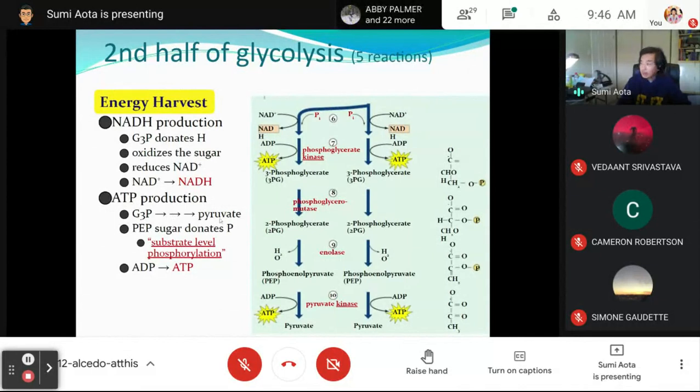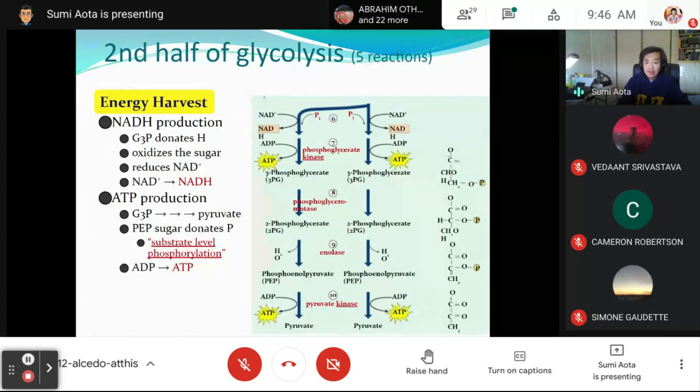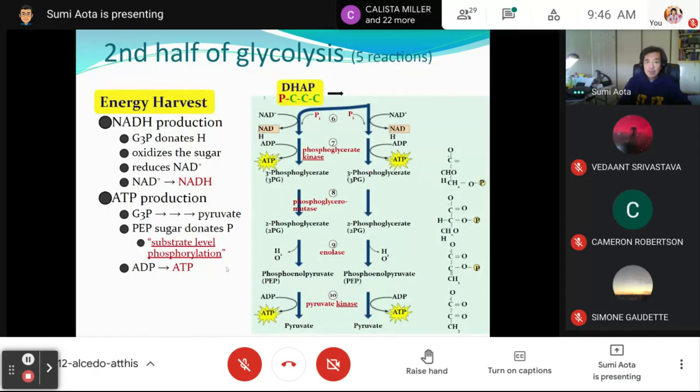G3P is going to go to pyruvate. PEP here, phosphoenolpyruvate, is going to donate the phosphates to ATP. This is what we call substrate level phosphorylation. So we have DHAP here and G3P. Remember that the DHAP gets converted to G3P, and then we go through these phases.